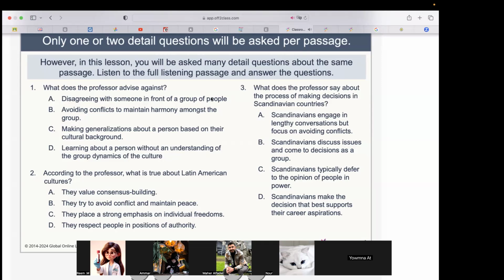Hierarchy is another factor that can affect group dynamics. In Hispanic cultures, such as those found in Latin America, hierarchy and respect for authority are highly valued. This means that group members will often defer to those in positions of power, such as teachers or managers. Strong hierarchical relationships historically influence many East Asian, South Asian, and Southeast Asian societies.